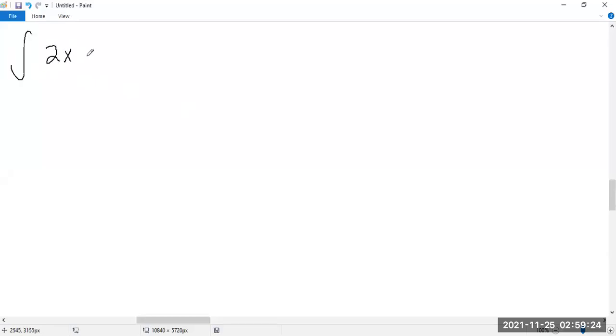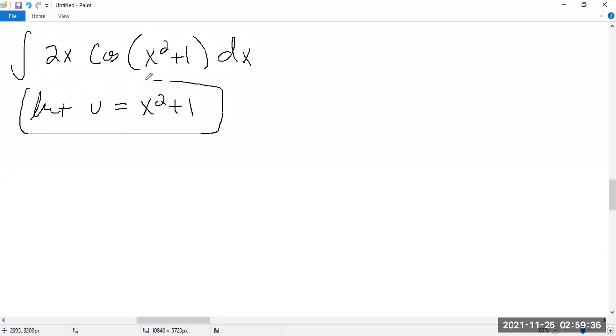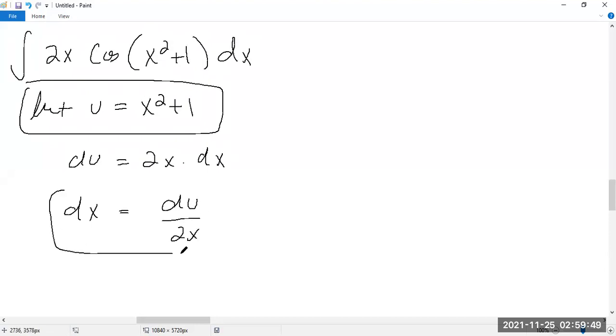So I have the integral of 2x cosine of (x squared plus 1) dx. Let u equal x squared plus 1. Here du equals 2x times dx, so dx equals du over 2x.